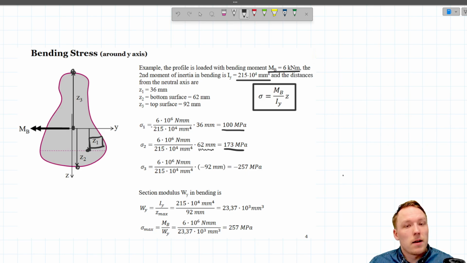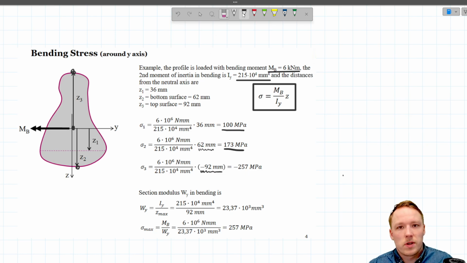And finally the sigma 3, and now it's important to notice the sign for the Z value. Instead of multiplying with positive 92 we multiplied by negative 92, and the reason is that the positive direction for the value Z is downwards from the neutral axis.